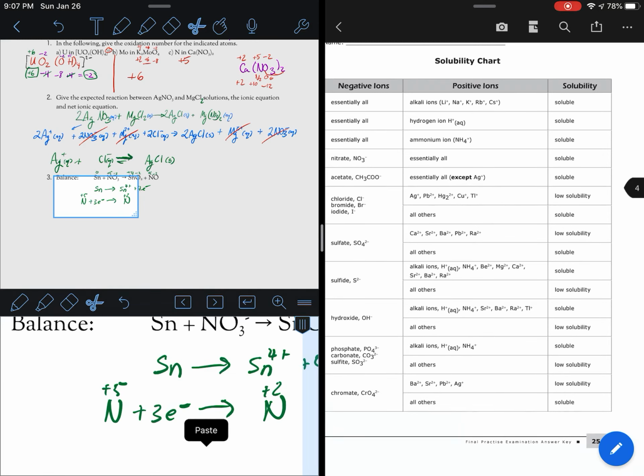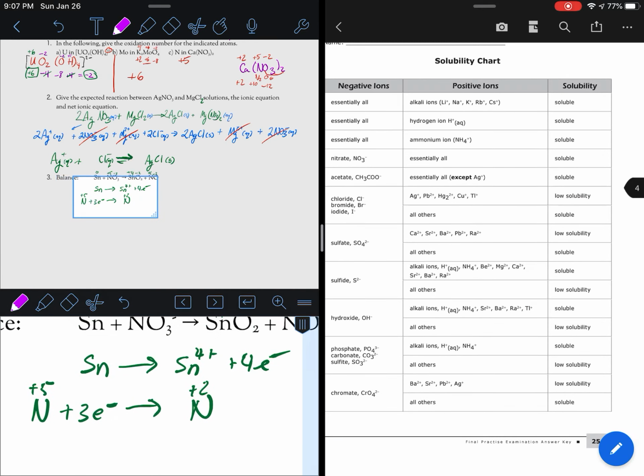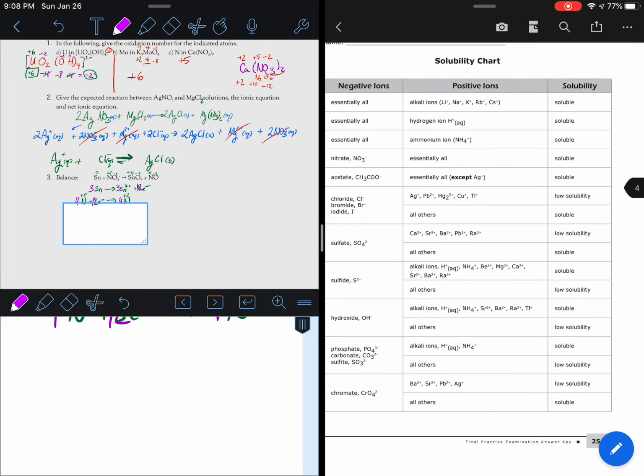Okay. So I need to balance this by bringing it up to 12 electrons in total. So 12 electrons means I'm going to do 3 tins to get 12 electrons, and I'm going to do 4 nitrogens to get 12 electrons. And then I'm just going to pop that in and see what happens. I'm a little worried that I maybe have some problems here that I can't solve without resorting to some more complicated stuff we didn't do.